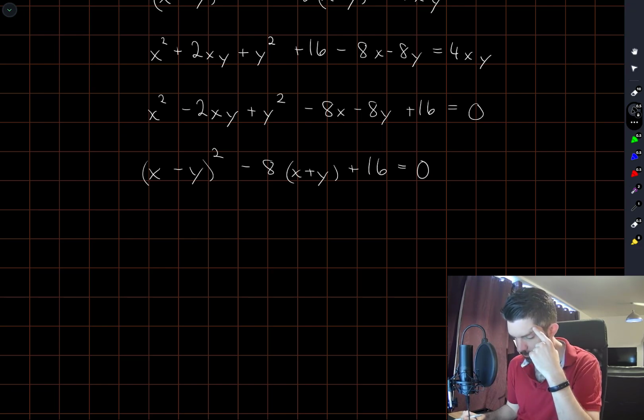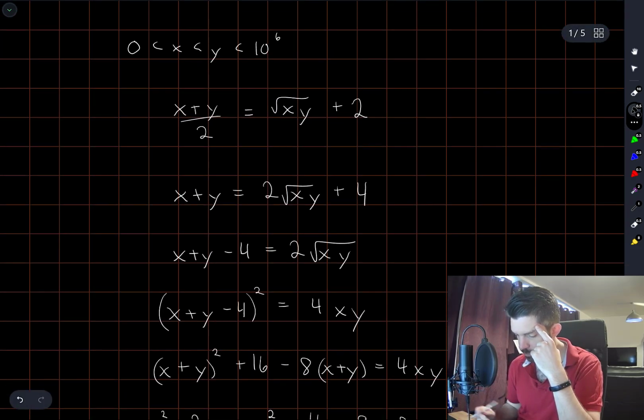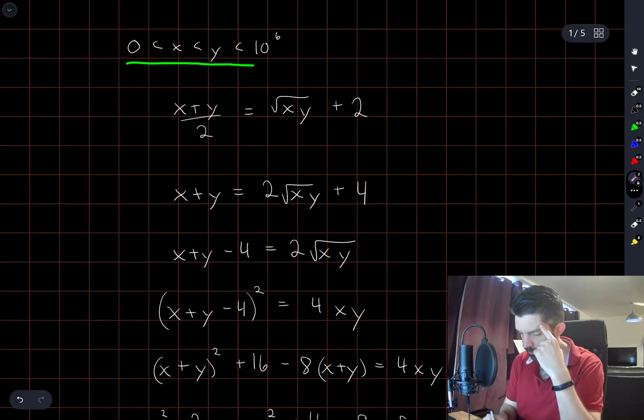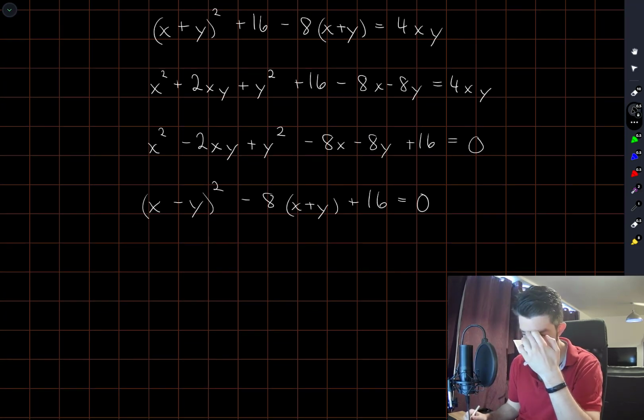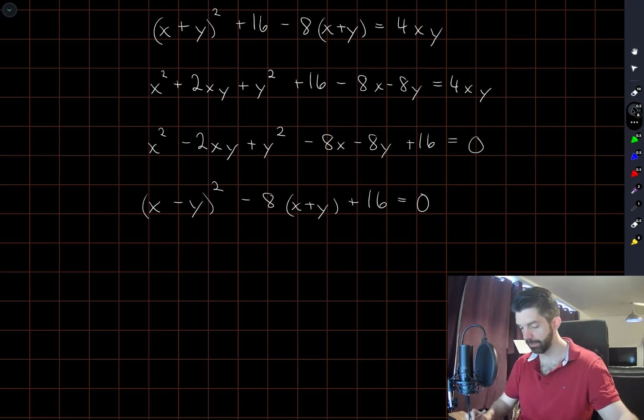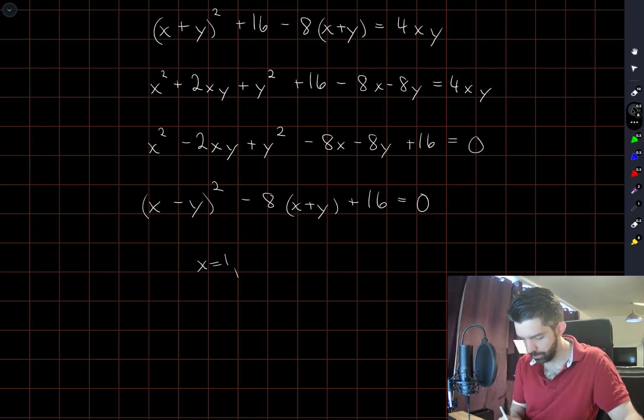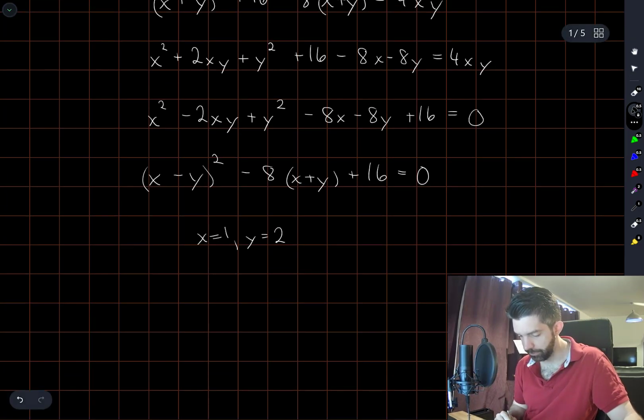So even if we just start playing around and taking some guesses, we have strict inequality between these numbers. They're strictly positive, x is strictly less than y. So the first possible candidate is x equals 1 and y equals 2. And if we substitute this in here, what are we going to get?